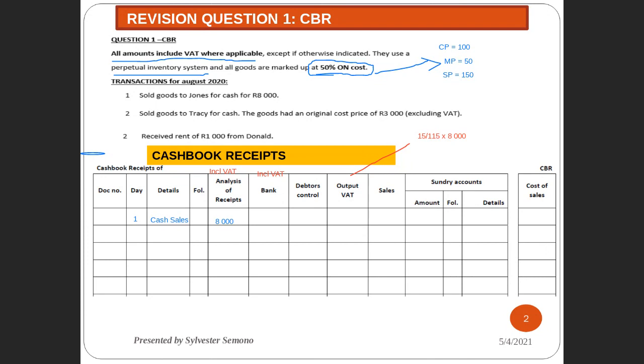And then how much did you get? Use the calculator quickly. Show me how you did that. 15 over 105. Remember, we did this yesterday. I'm just revising.